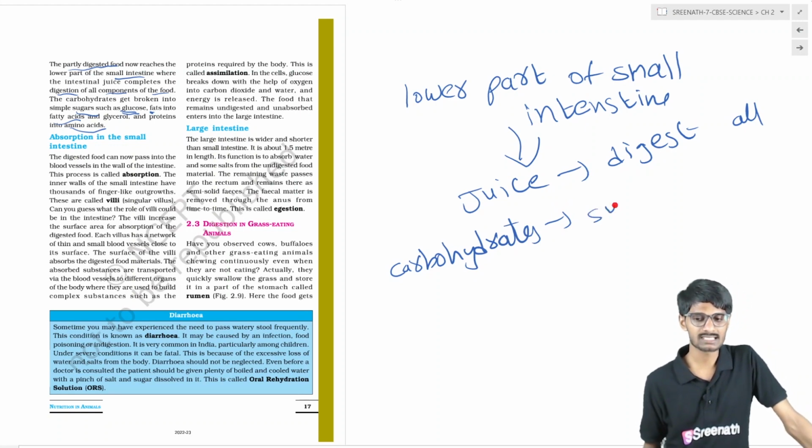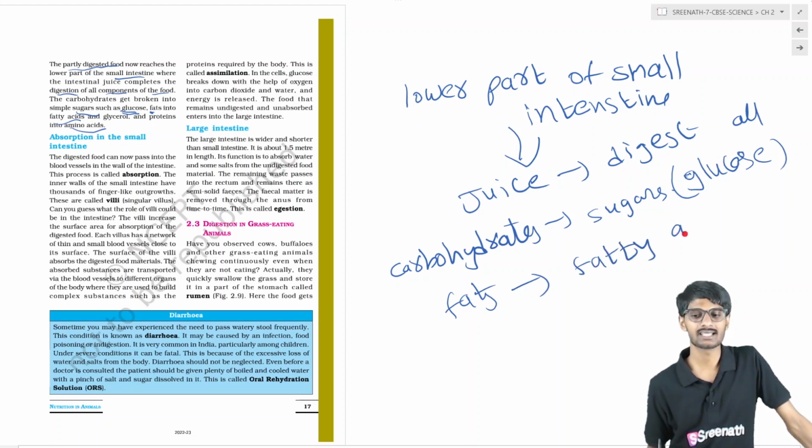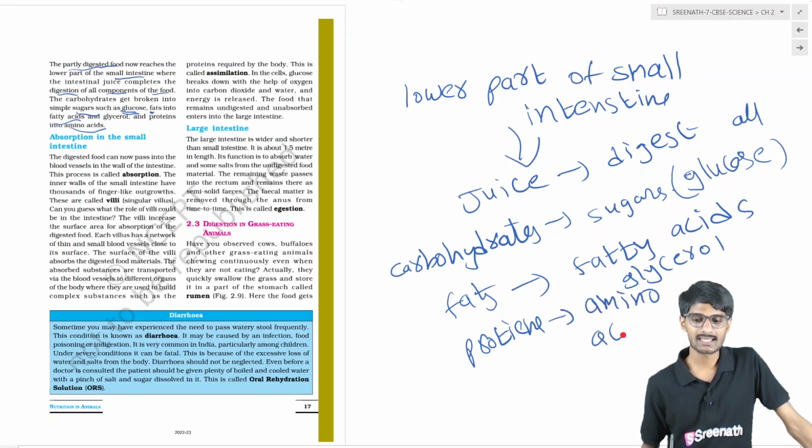Into simple sugars, for example glucose. How are fats broken down? Into fatty acids and glycerol. And how are proteins broken down? Into amino acids.